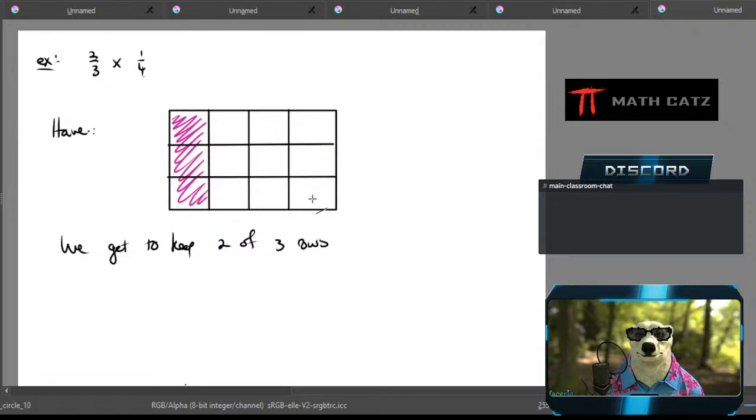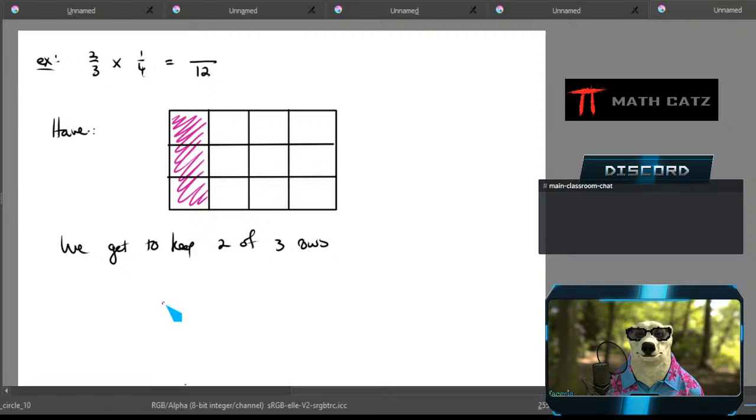Now, what have I done? As soon as I did this, what did I really do to the fractions? I again created a common denominator, or in this case, I don't want to call it a common denominator. I have created the product of the two denominators.